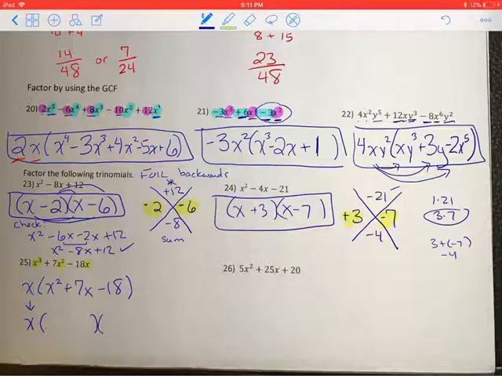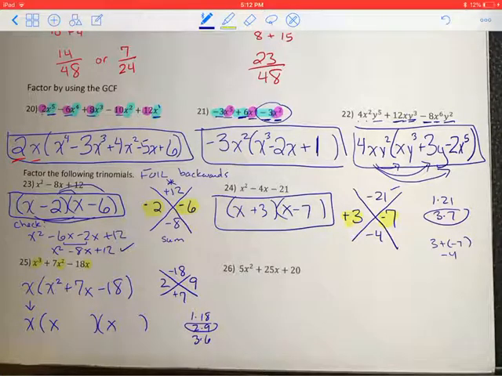And I'm going to set up my parentheses, do x times x to get my x squared. So I want a negative 18 for my product and a positive 7 for my sum. So numbers that multiply to make 18, 1 and 18, 2 and 9, 3 and 6. 2 and 9 looks promising.